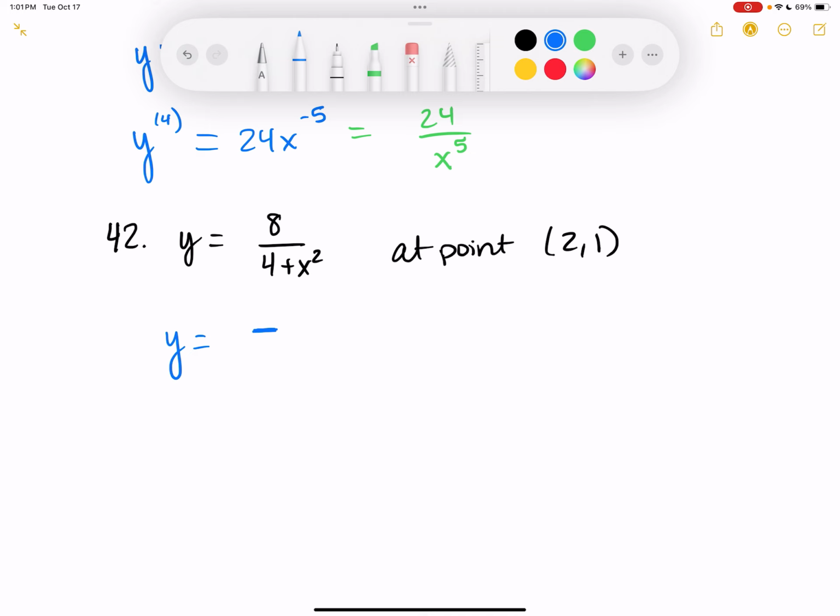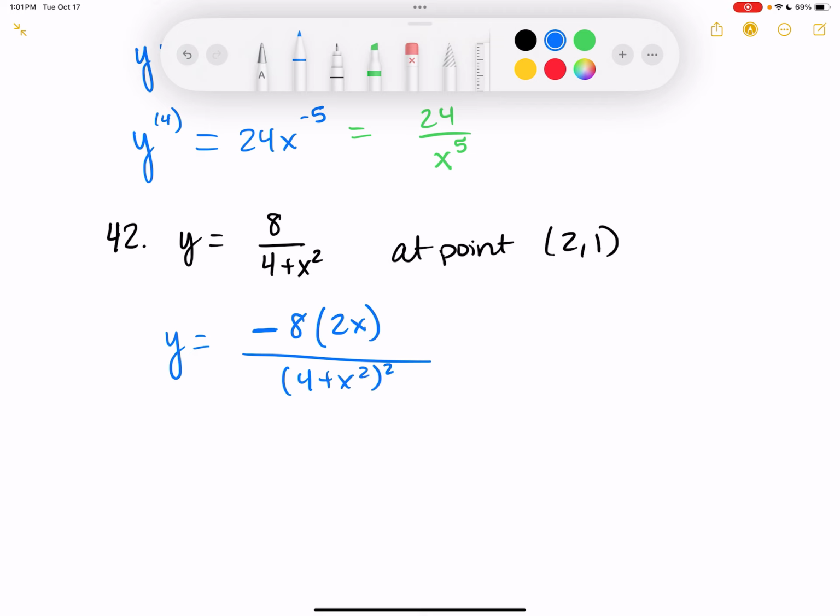So then the top, 8 times the derivative of the bottom, the derivative of 4 plus x squared, 0 plus 2x. 2x over the bottom squared, so 4 plus x squared squared.